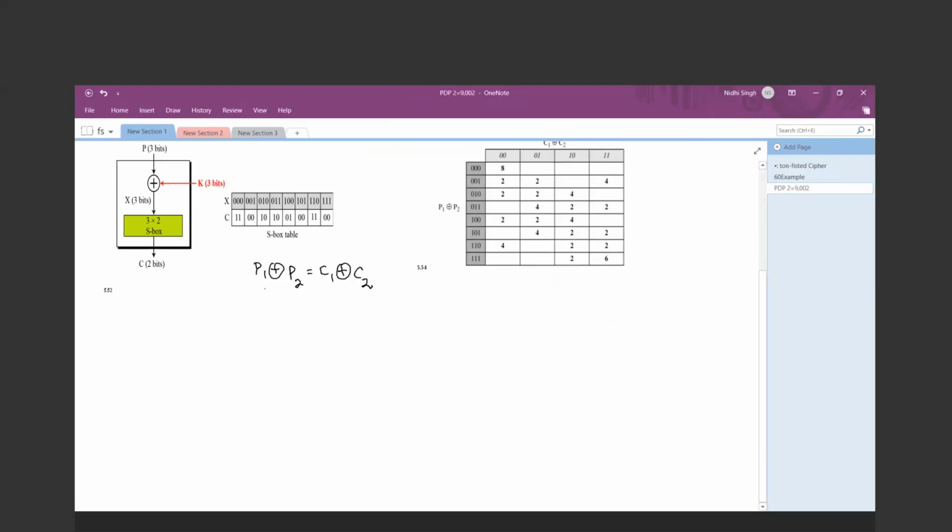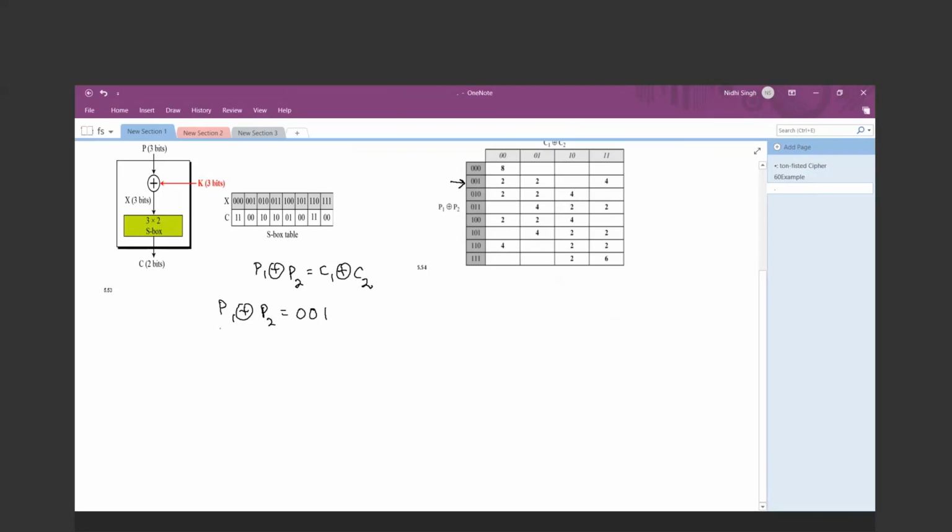So suppose the difference of P1 and P2 is, for example, 001. I am telling you how the table is made. So P1 XOR P2 equals 001. Now do some hit and trial to find the perfect combination of P1 and P2 such that after taking the XOR the output will be 001.